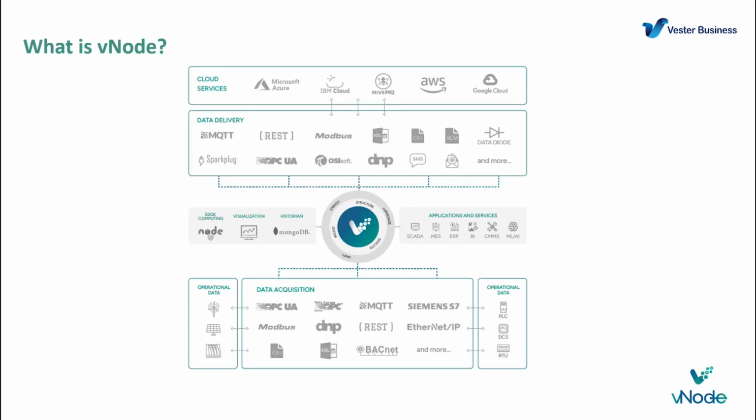First of all, you need to know what vNode is, in case you don't know. vNode is an industrial IIoT gateway that links the gap between OT environments and IT applications, cloud services, and so on. It reads data coming from multiple data sources over OT. We can get data from multiple controller vendors such as Siemens, Allen-Bradley, BACnet, Modbus, and so on.